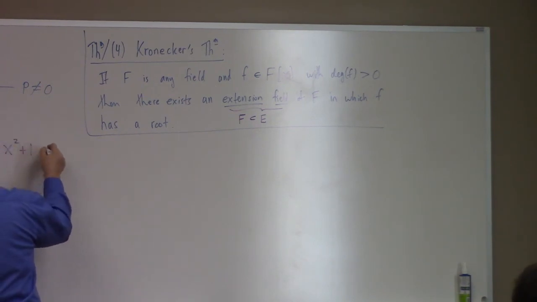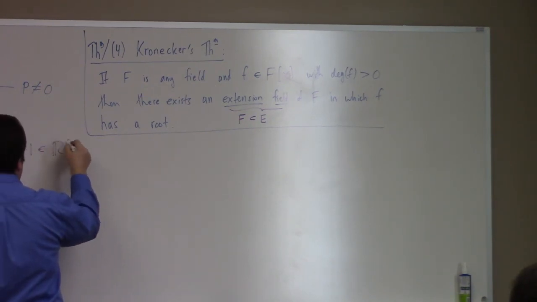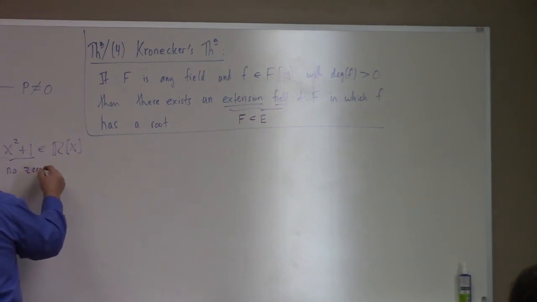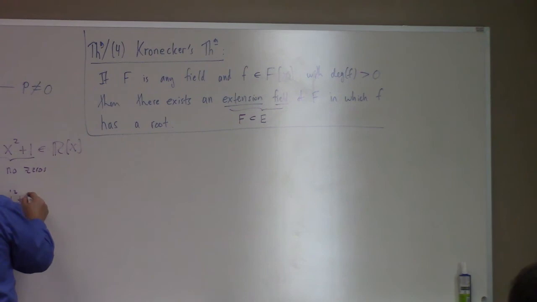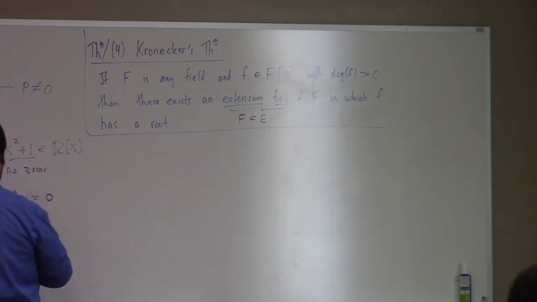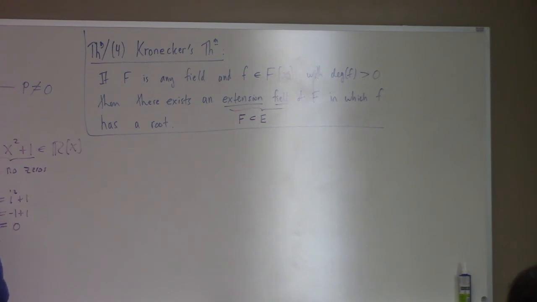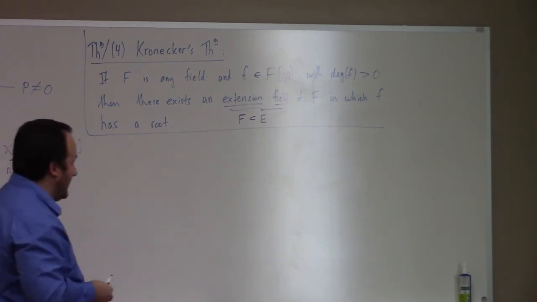X squared plus 1 is in R of x, no zeros. But f of i, of course, is 0. And so C is an extension field of the reals in which that has a 0.